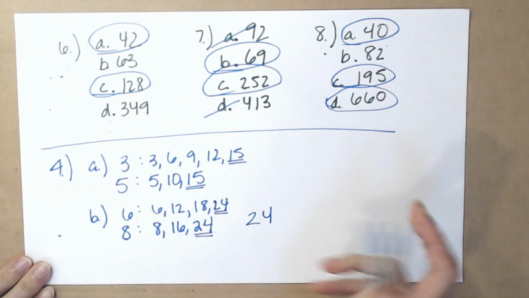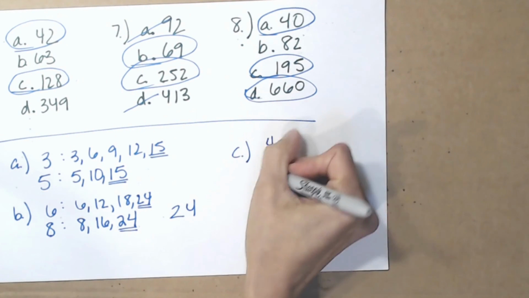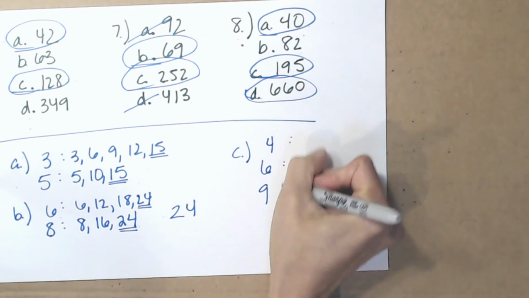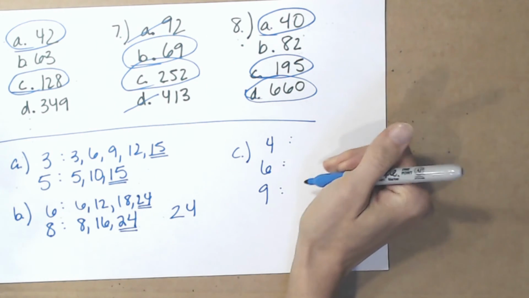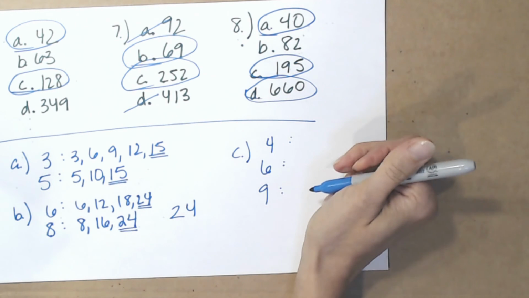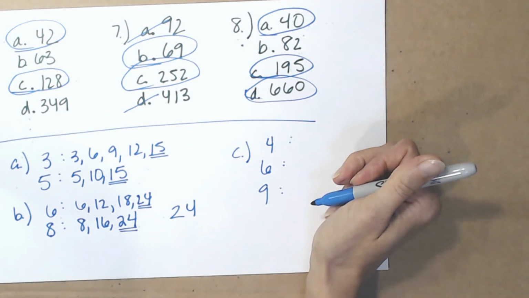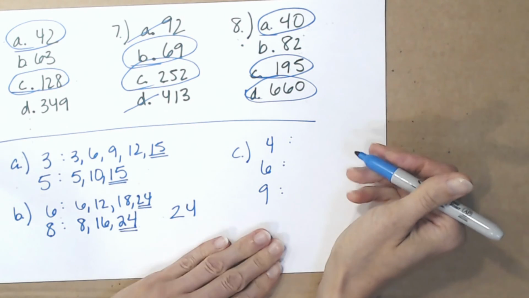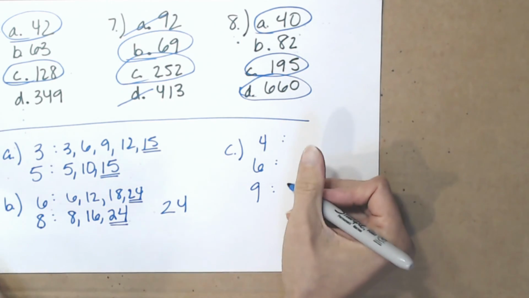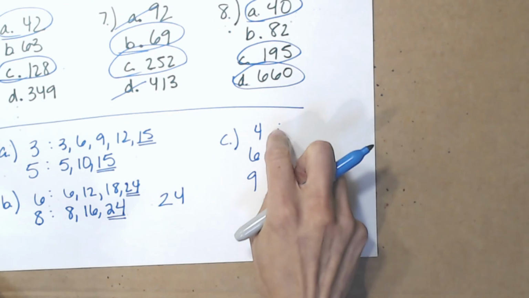And then the last one, C, we're looking at 3 numbers, 4, 6, and 9. So we're going to find the least common multiple, or the lowest common multiple of these 3 numbers. So again, I like to start with my biggest one and just see if it occurs to me if I see a number that's also a multiple of 4 and 6.